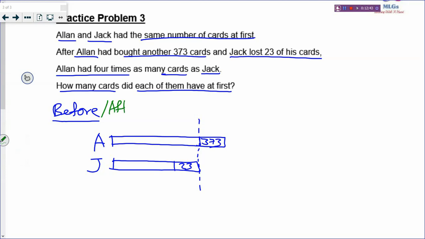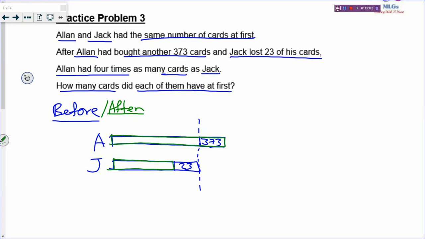I'm putting the before and the after model together as one. The after model for Alan will be this rectangle, so his rectangle becomes longer. Jack now has a shorter rectangle. That is how you draw the after model together with the before model.